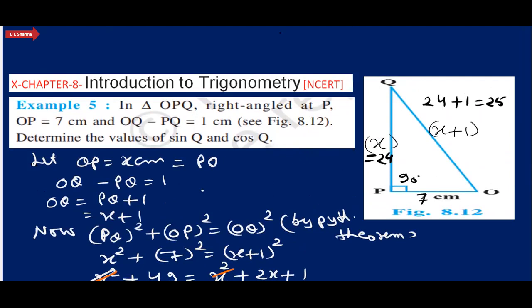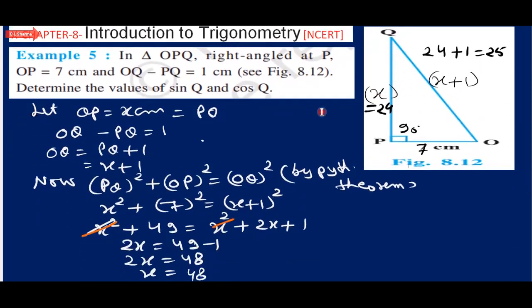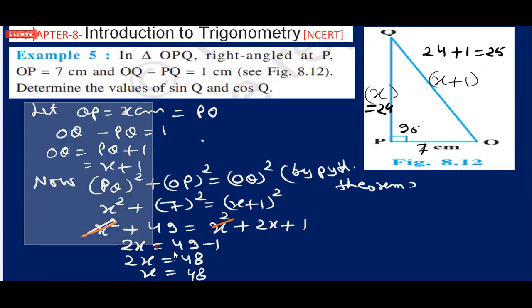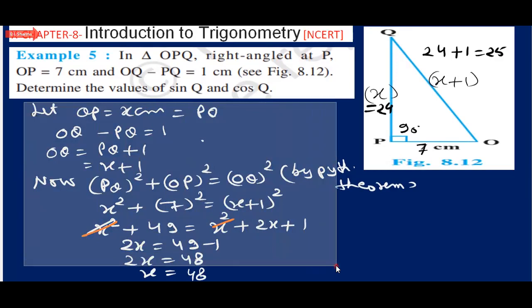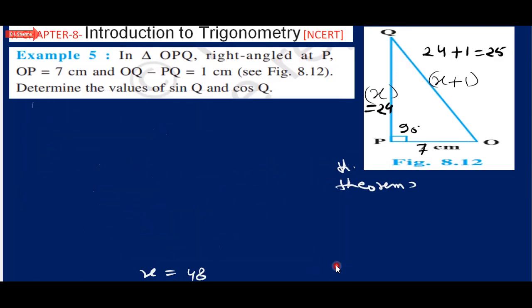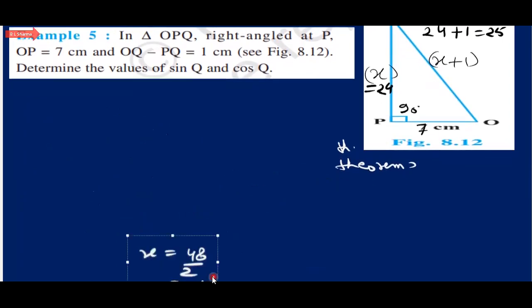तीनों साइड का हमें पता चल चुका है. Now we have to find out sin Q. Means हमें acute angle Q consider करना पड़ेगा. After getting all three sides, we have to determine which side is perpendicular, which side is base, and which side is hypotenuse. हमें देखना पड़ेगा कौन सा साइड परपेंडिकुलर है, कौन सा साइड बेस है.